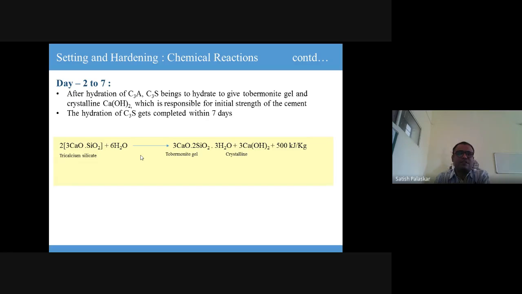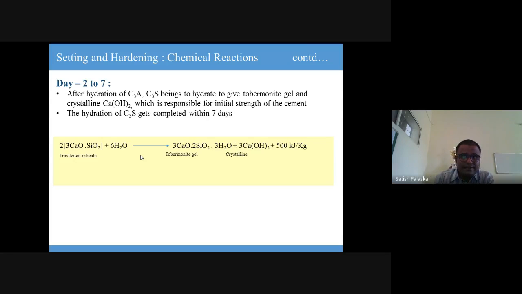Tricalcium silicate, when it comes in contact with water, will get hydrated and a gel is formed, which is called CSH gel, calcium silicate hydrate gel. That is 2(3CaO.SiO2) plus 6H2O gives 3CaO.2SiO2.3H2O and 3Ca(OH)2.